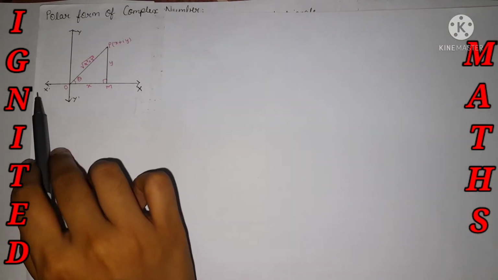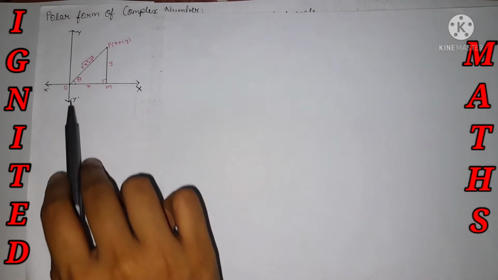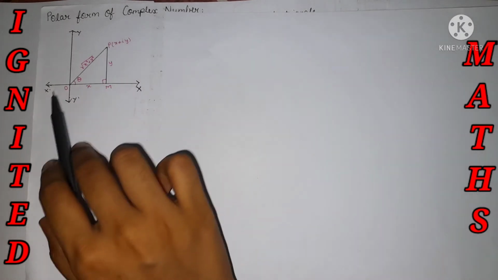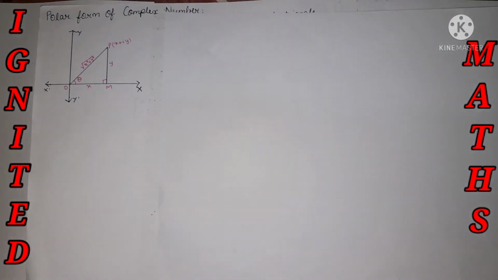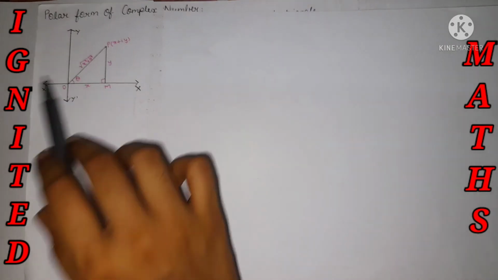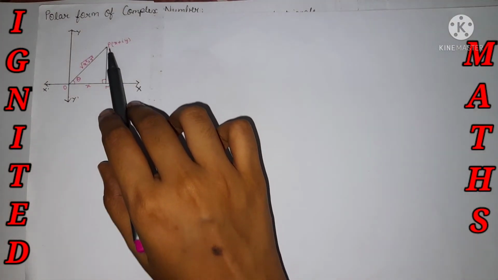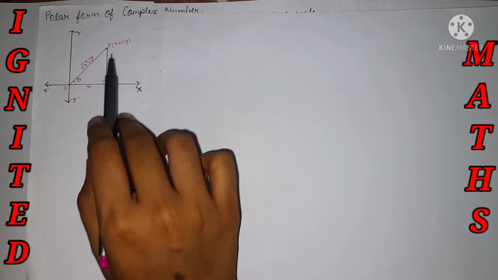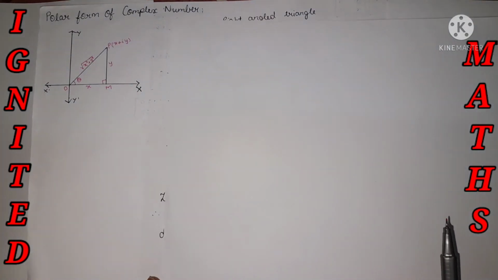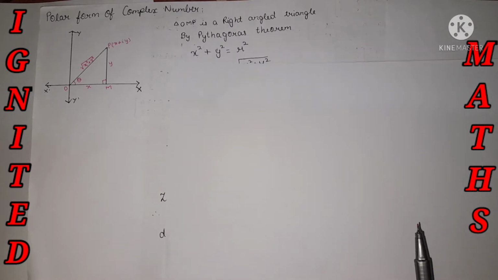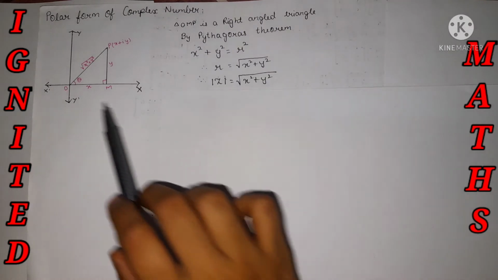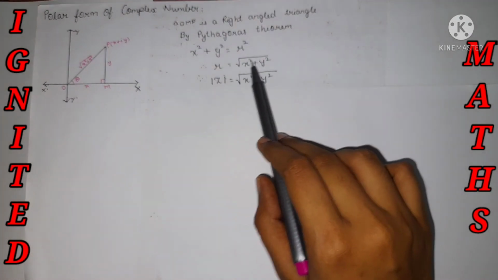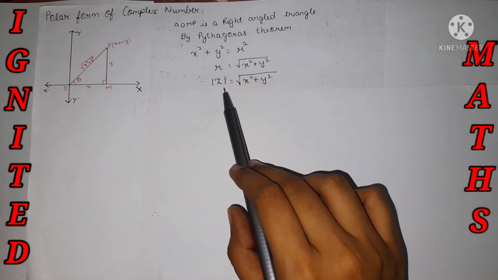The x axis is the real axis and the y axis is the imaginary axis, so the point contains x and iy. By the Pythagoras theorem, as the triangle OMP is a right angle triangle, x square plus y square is equal to r square, in which r is equal to root of x square plus y square, and r is the mod of z.